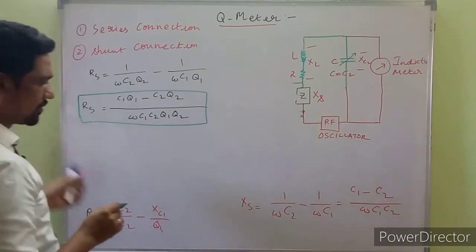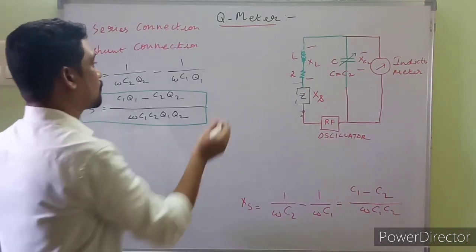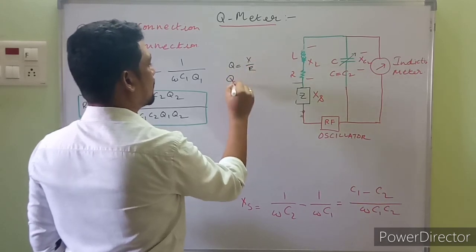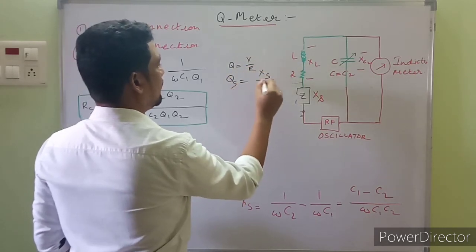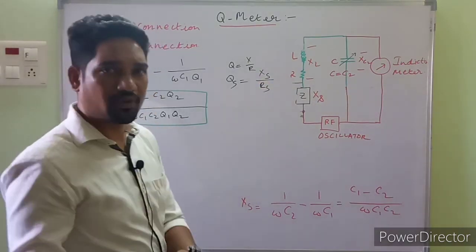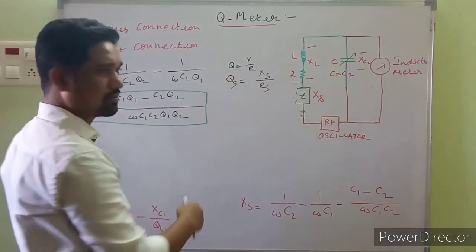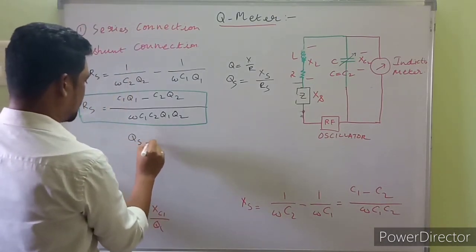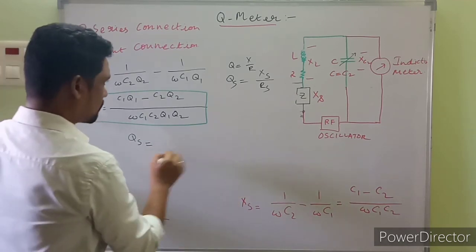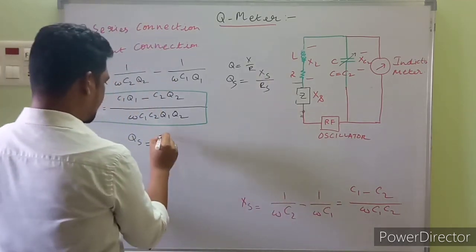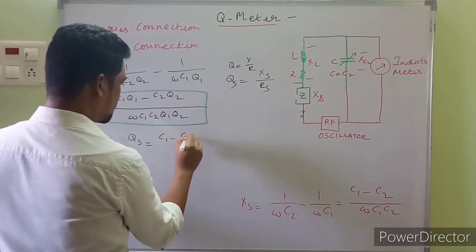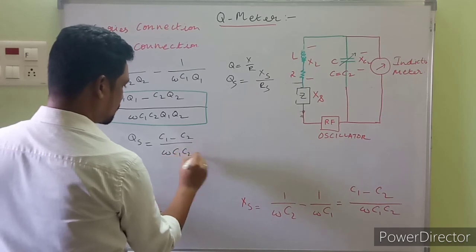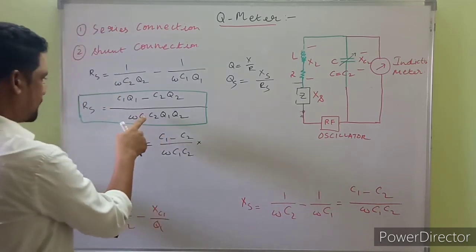According to the definition, quality factor Q is equal to X by R. So QS, the quality factor of this one, is XS by RS. What are you waiting for? Plug in the values and obtain the quality factor of the unknown impedance. QS will be equal to XS, which is C1 minus C2 upon omega C1 C2, into RS in the denominator.